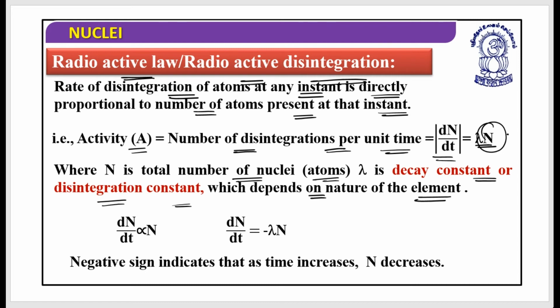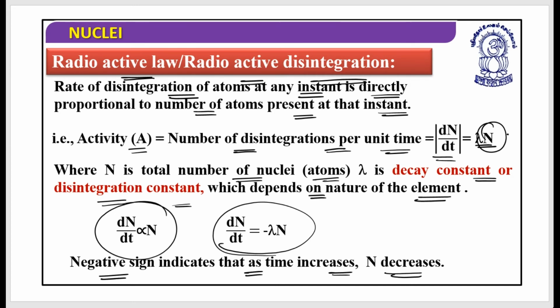So basically the law is this: dN/dt, the rate of disintegration, is directly proportional to the number of active nuclei present in the sample. If I remove the proportionality symbol, this becomes dN/dt = -λN, and the negative sign indicates that the number of nuclei decreases as time increases.